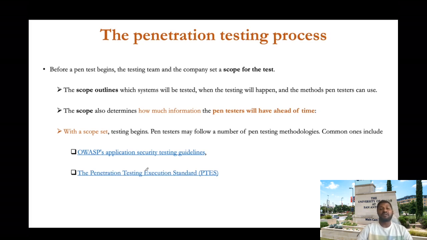Another one is the Penetration Testing Execution Standard, which follows different steps like the reconnaissance phase, which we sometimes define as gathering information: pre-engagement interactions, intelligence gathering, threat modeling, vulnerability analysis, then exploitation, post-exploitation, and reporting. So these are all covered under that.